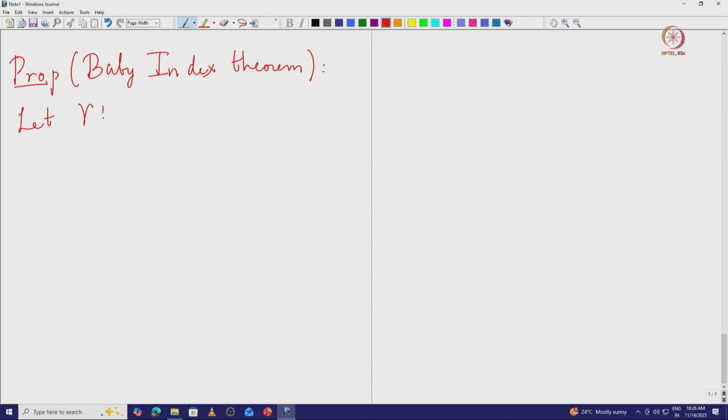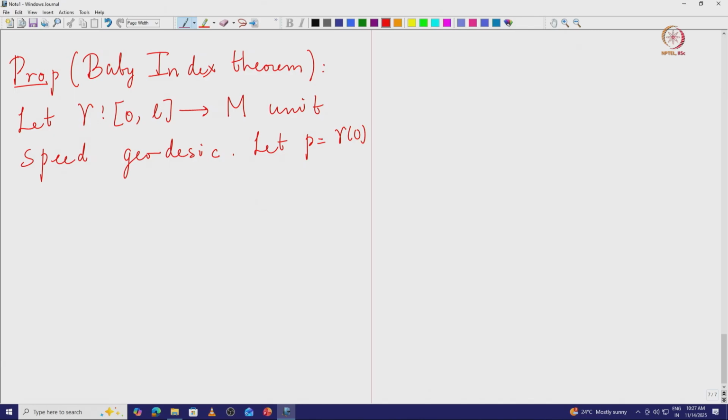So let gamma be a unit speed geodesic, let P be equal to gamma of 0 and let Q be equal to gamma of L.